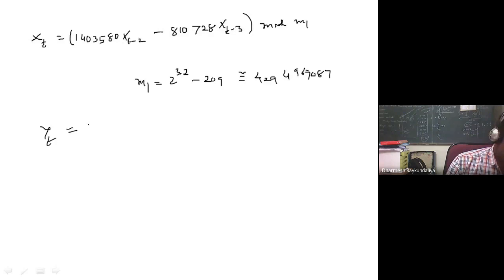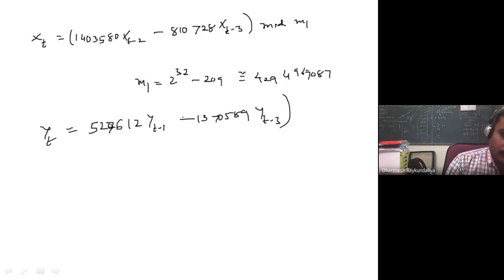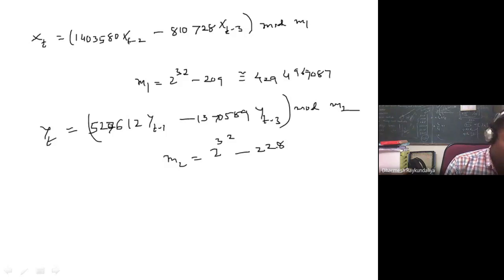Okay, and another multiple recursive generator is used, that is 527612 yt minus 1 minus 1370589 yt minus 3 modulo m2, where m2 is again 2 raised to 32 minus 22853, and that is equal to 4294944443.